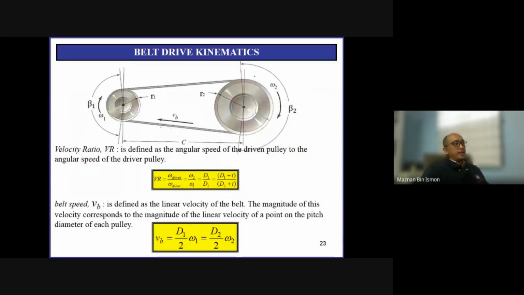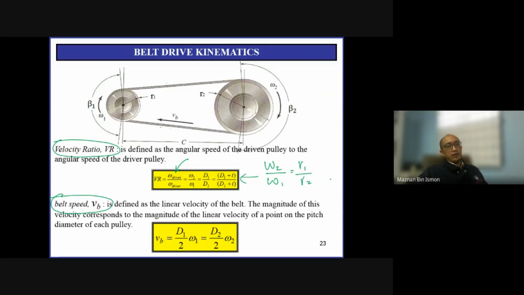Belt drive kinematics. Velocity ratio. Belt speed. Velocity ratio is similar to gears. If you look, the velocity ratio is omega 2 over omega 1, which equals R1 over R2.